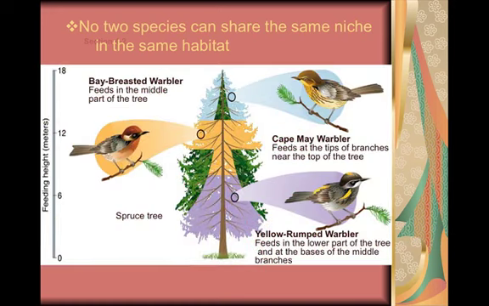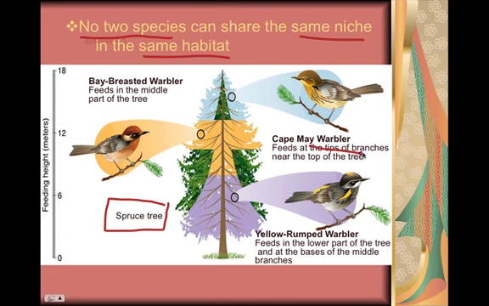One rule of thumb to always remember when we talk about a niche is no two species can share the same niche in the same habitat. Once again, no two species can share the same niche in the same habitat. So we look at the tree as the habitat.